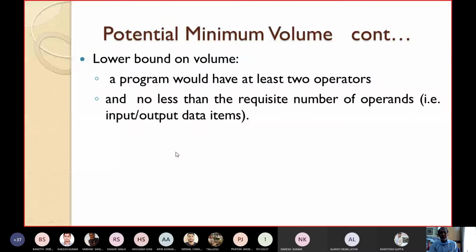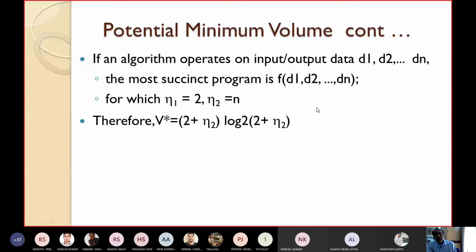This is the minimum volume we are considering. So here we take the unique numbers, eta 1 plus eta 2, where eta 1 is equal to 2 and eta 2 is n. Then log 2 of eta, and because here capital N is the same as eta, it is 2 plus eta 2, and eta is eta 1 plus eta 2, which is 2 plus n2.